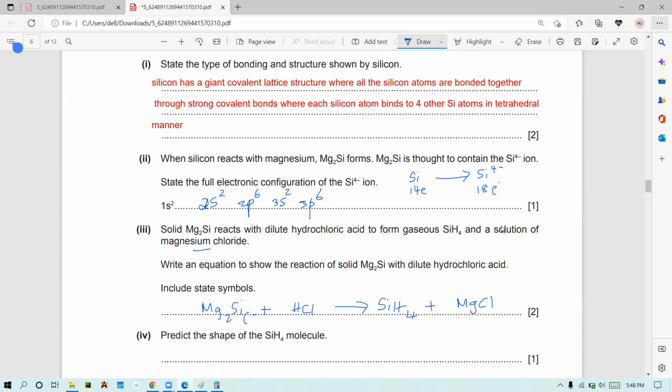Mg2Si is solid, HCl is aqueous, silicon hydride is gaseous, magnesium chloride is aqueous. Because we have magnesium 2, I write 2 MgCl2. And chlorine is 4 here, so you write 4 over here. It's balanced.